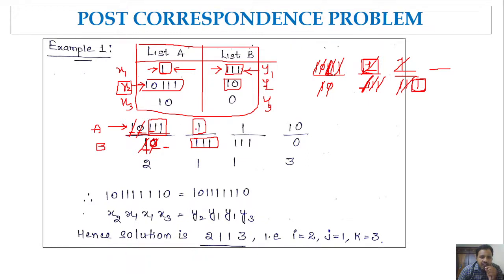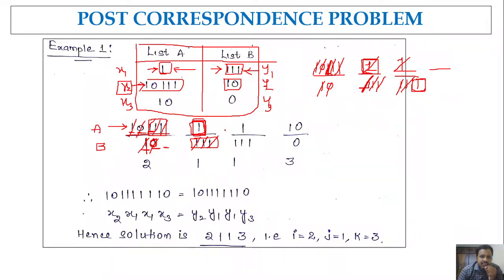Now if you match the symbols, the third symbol in A is matching with the third symbol in B, the fourth with the fourth, and the fifth with the fifth. Now in the numerator part we got an additional 1. So while selecting the next pattern in B, you must have that 1.